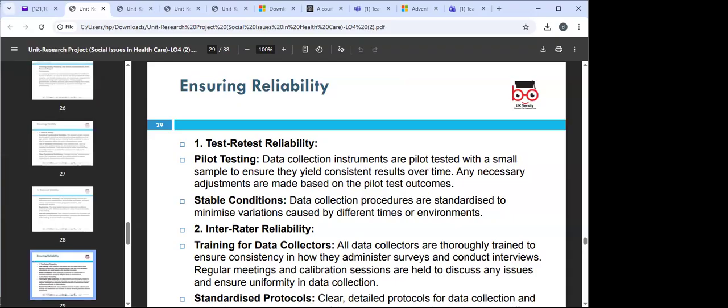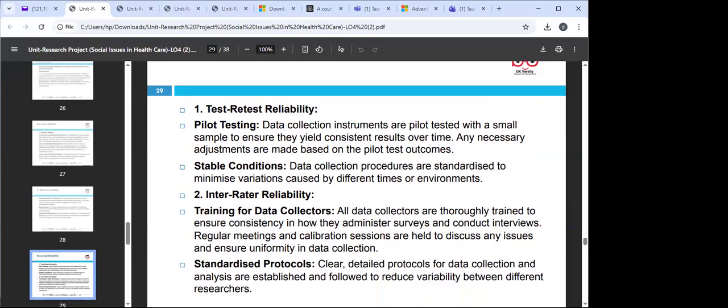When we say pilot testing, we know that, don't we? Giving a first test of something, you are piloting the test. Data collection procedures are standardized to minimize variations caused by different types of environment. Very important. Our environment determines the kind of data that you can come out with.